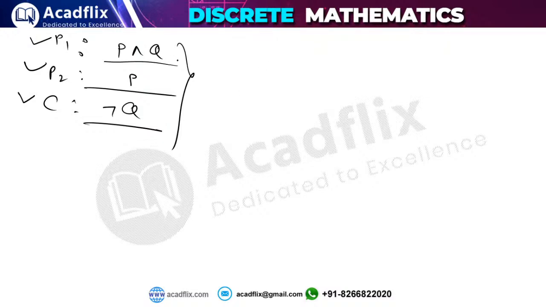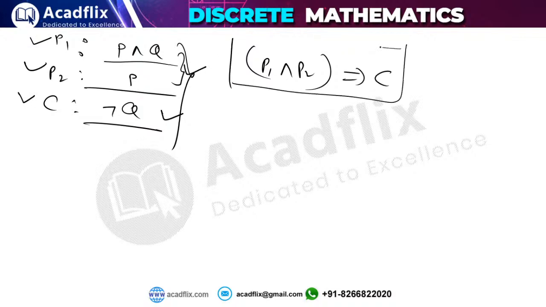All you have to do is see that P1 and P2 should imply the conclusion. I told you this argument will be called valid if these hypotheses imply this conclusion. Means P1 and P2 should imply C. So this thing should be a tautology.